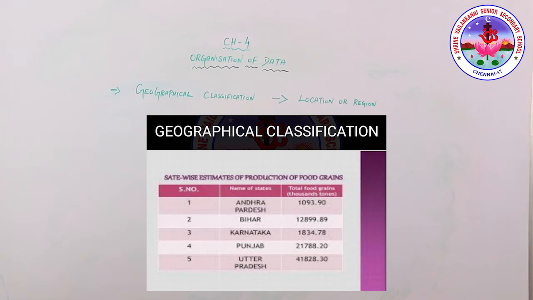In this example of geographical distribution, you can see the state-wise estimation of production of food grains: serial number, name of the states and total food grains in 1,000 tons. It is denoted in the form of geographical location or region, so it's called geographical classification.